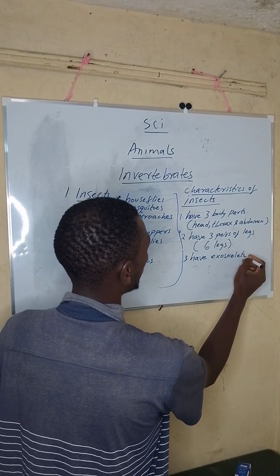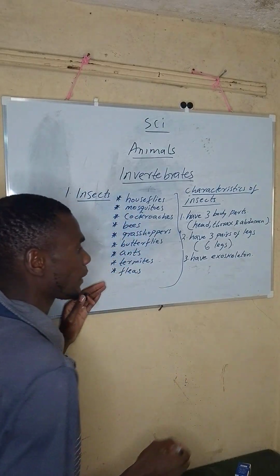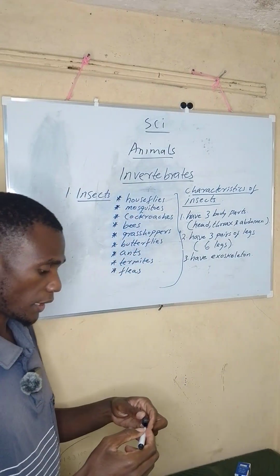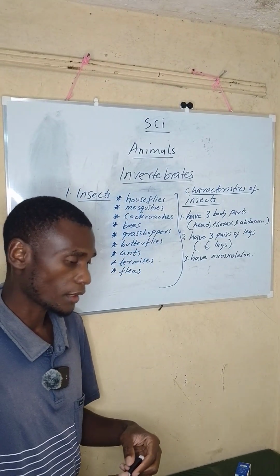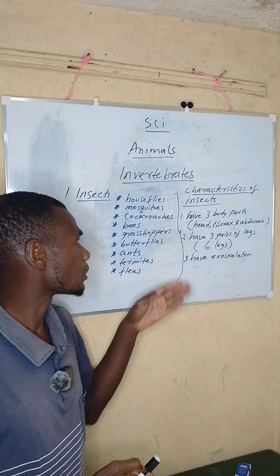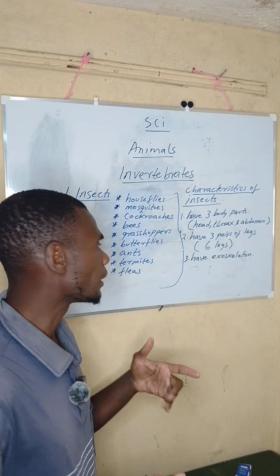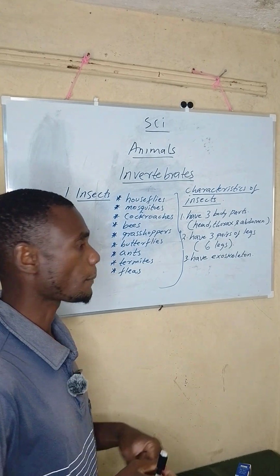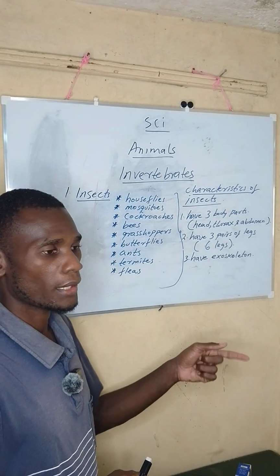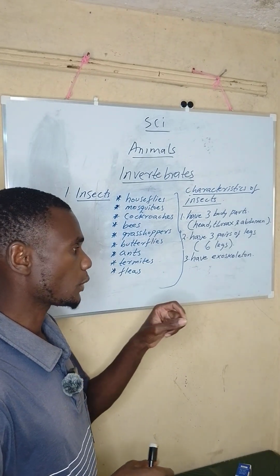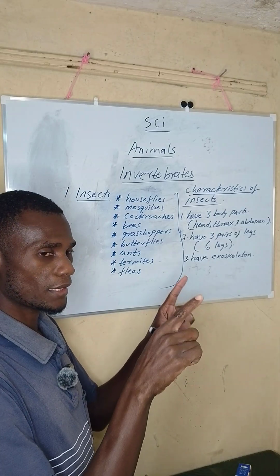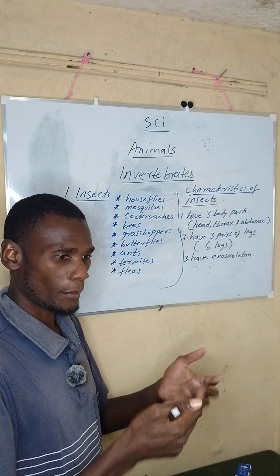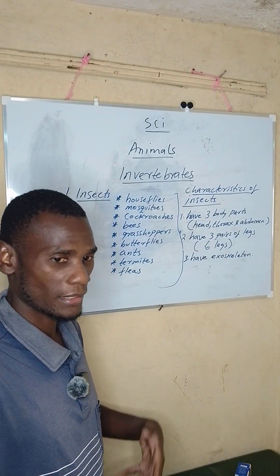Now this exoskeleton means that when these animals die, of course they don't have bones. When they die and you leave it there for some time, when you go back and pick it up, you will find the same animal but with nothing inside.